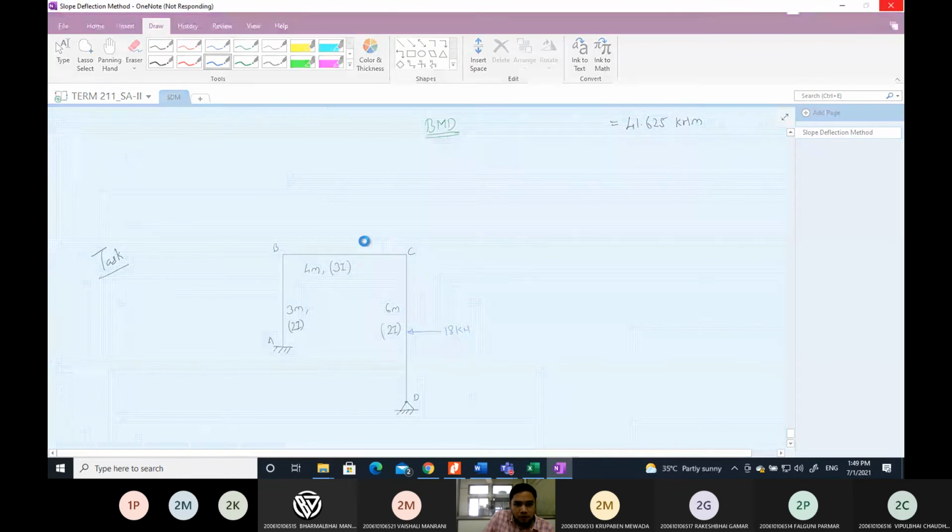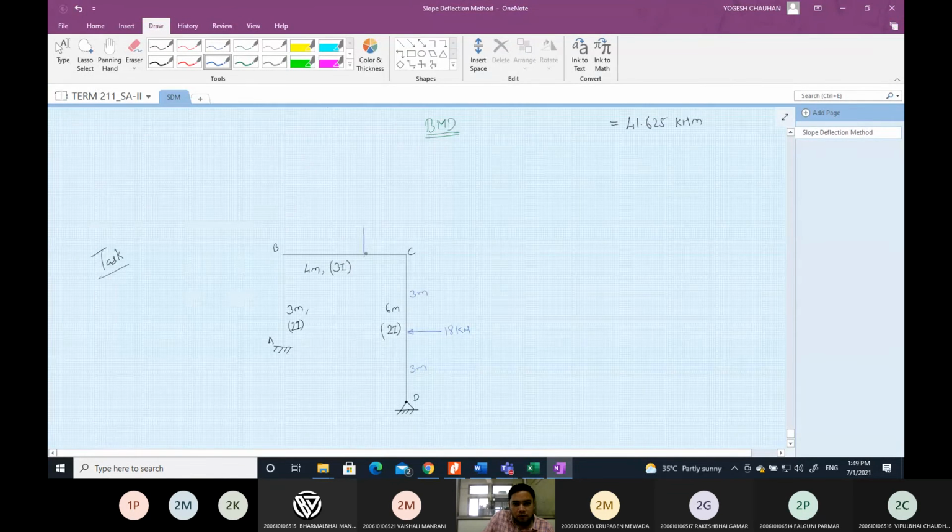There is an eccentric point load here, 32 kilonewton at 1.5 meter and 2.5 meter.